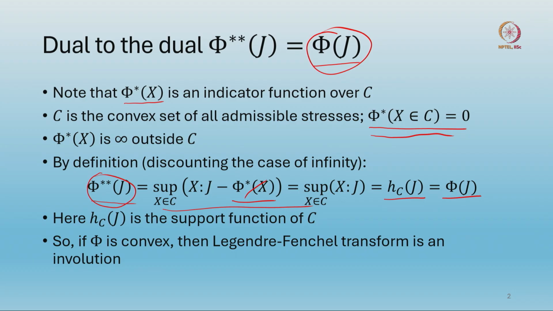But suppose in cases which we have not discussed at all, phi could be a non-convex function, then phi double star is not equal to phi. Phi double star will be the convex envelope kind of a thing of the non-convex phi, but we do not go into that. For our problem of interest in rate independent plasticity, phi is always convex. So, phi double star is always equal to phi. That is all we need, right.